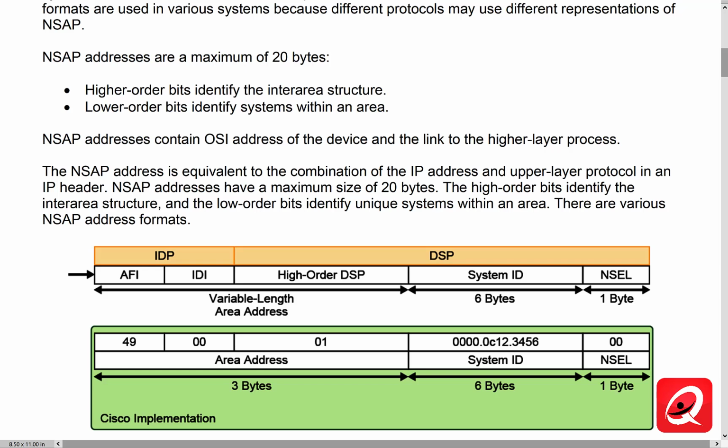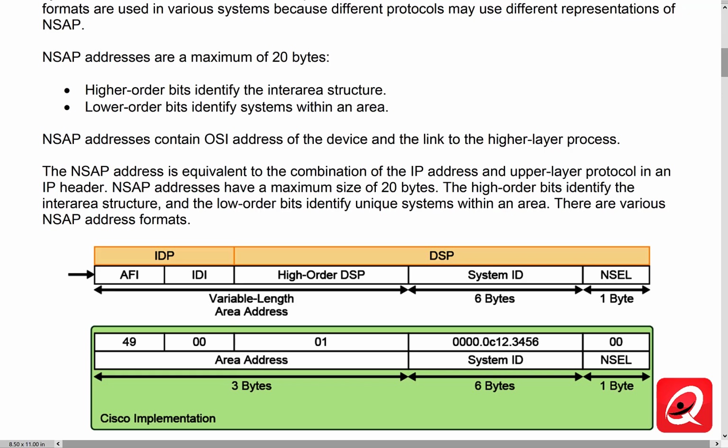The AFI and the IDIs compose what we call the IDP of the NSAP address, or the initial domain identifier. So the IDP corresponds basically to the major network that the device is a member of.